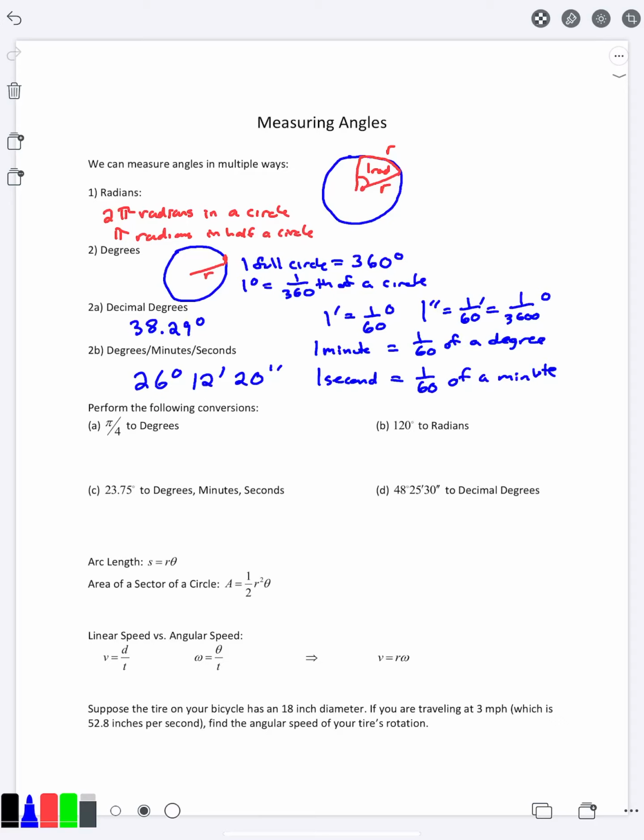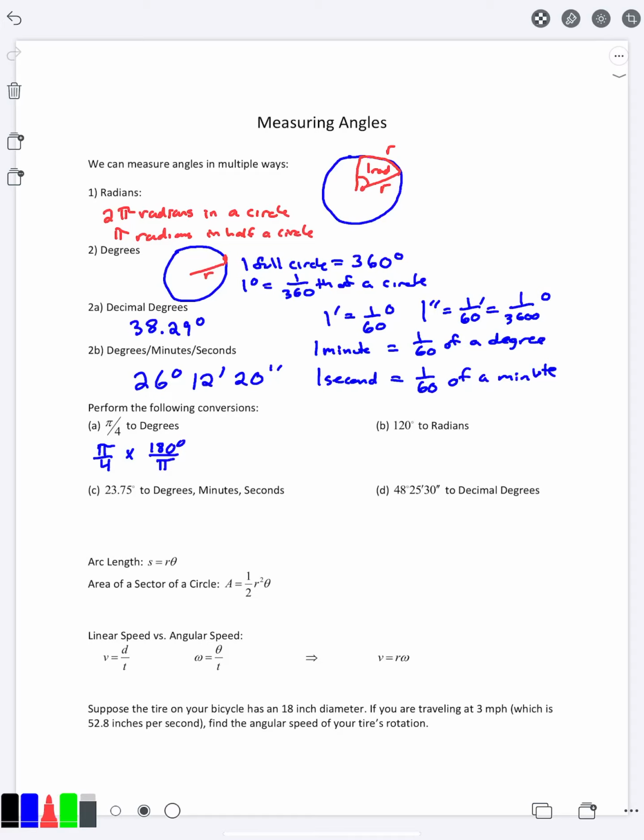Now, one of the things we're going to want you to do is to be able to convert back and forth between these different ways of writing them. So this first one says, I have pi over 4 radians. I want to go to degrees. Well, the way that we go from radians to degrees is we are going to multiply by the following here, 180 degrees over pi.